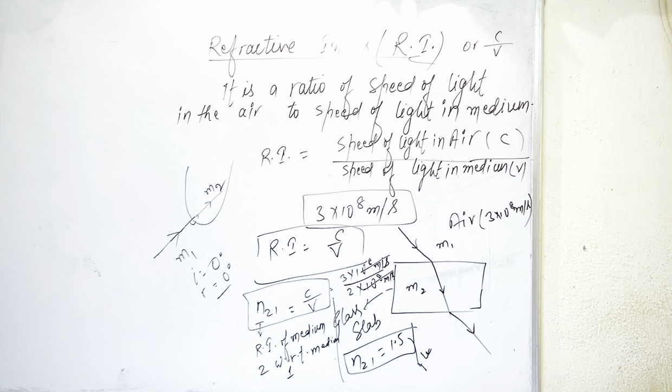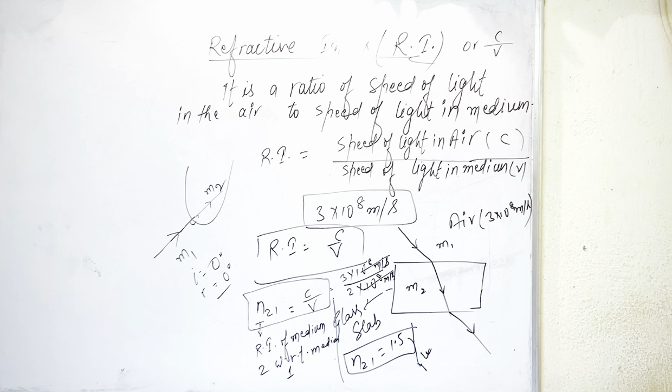It is the refractive index of medium 2, or it may be given as the refractive index of medium 2 with respect to 1. It means the speed of light in medium 2 with respect to 1. So remember, this is very important.